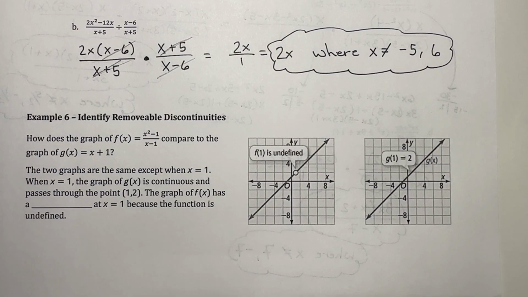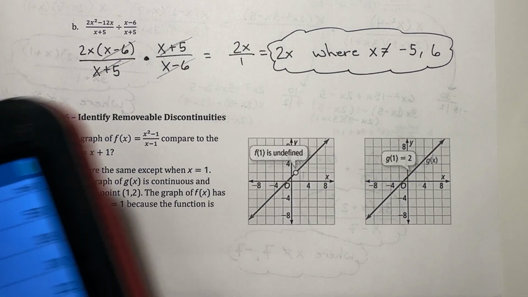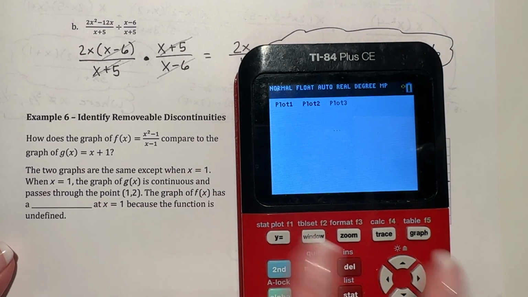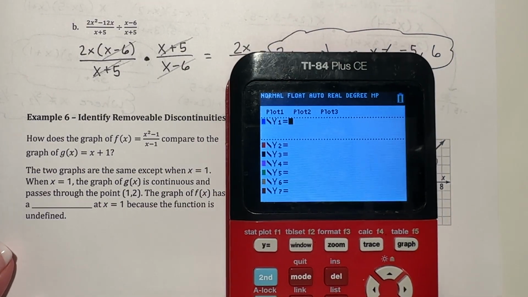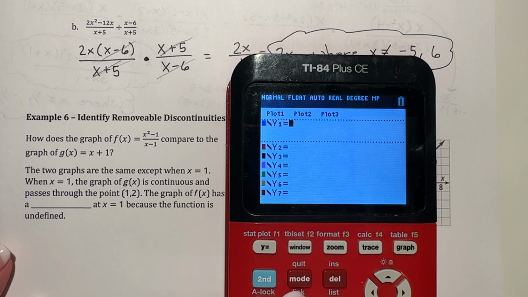Now, when I go to put this into my calculator, this is what it looks like. I want you to see what it looks like when I type it in. So I have parentheses x squared minus 1, close parentheses, divided by, open parentheses, x minus 1.